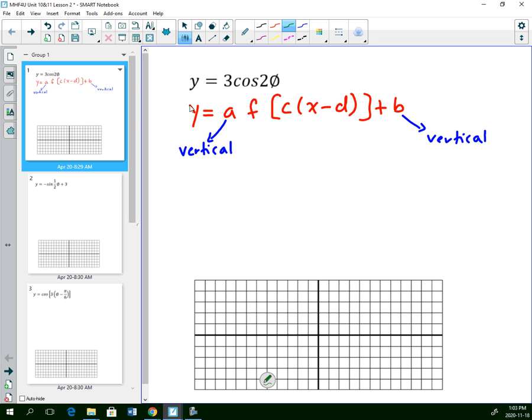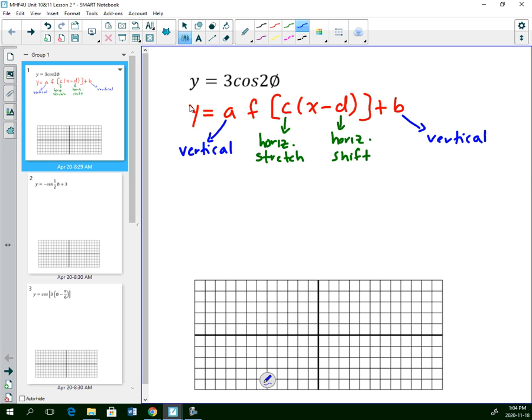Anything inside the bracket is a horizontal transformation. So that was one rule. Right? So outside the bracket is vertical, inside the bracket is horizontal. Anything multiplied is a dilatation or a stretch or compression. Anything added or subtracted is a shift.